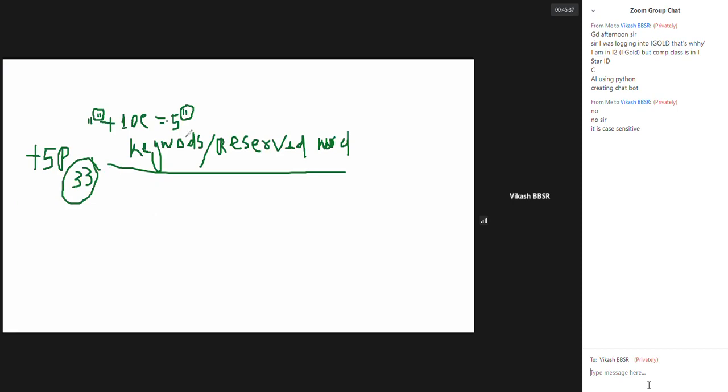Out of 33 keywords, which keywords are special? You can say which keywords are different from the other keywords. Very good, Vivek. Bhagirath, not complete. Out of 33, some are different from other keywords. How many and what are they?